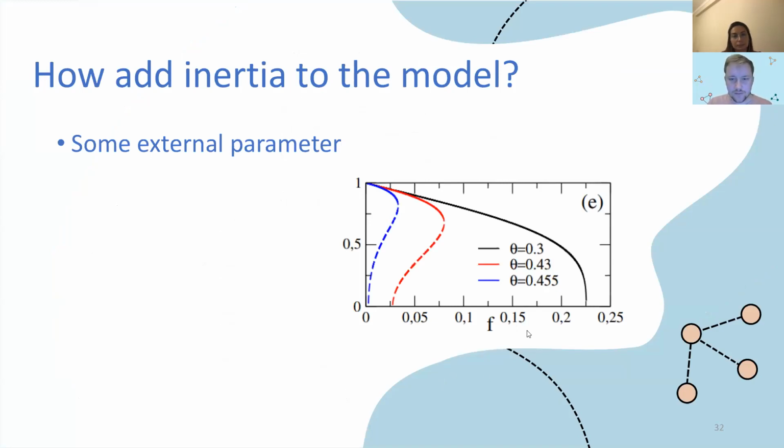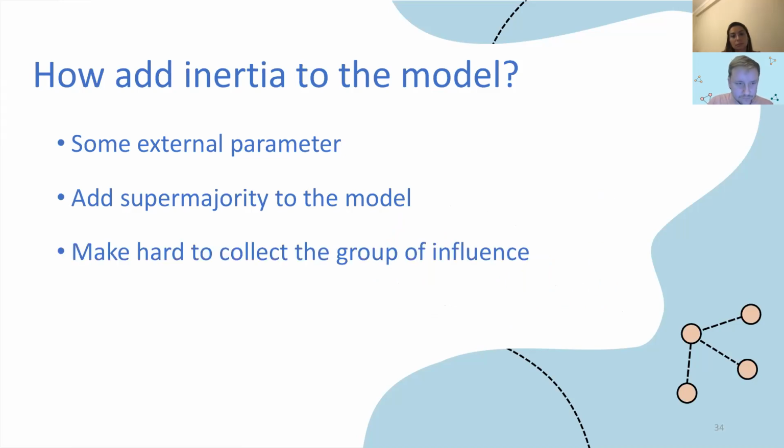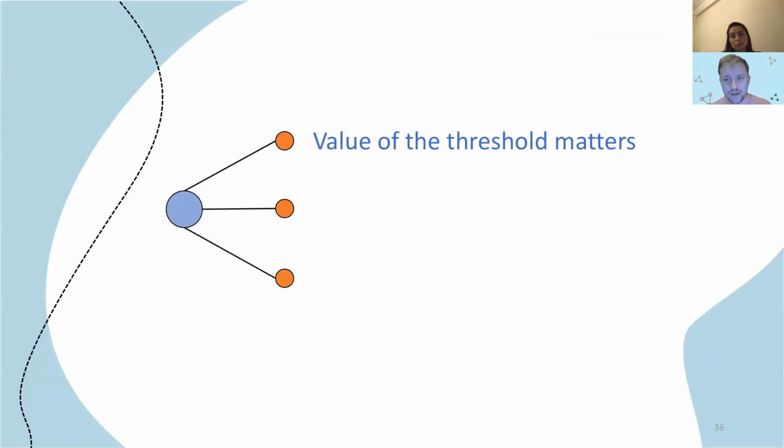So for example, like in the majority vote model, we can put theta and increase this theta and check how it affects my model, and it can produce the social hysteresis here. Also, we can produce a supermajority like we did in our model, but you can imagine many ways to make it hard to collect the group of influence and affect your agents, which should produce some kind of phenomena in your systems. So basically, we see that the value of the threshold matters.